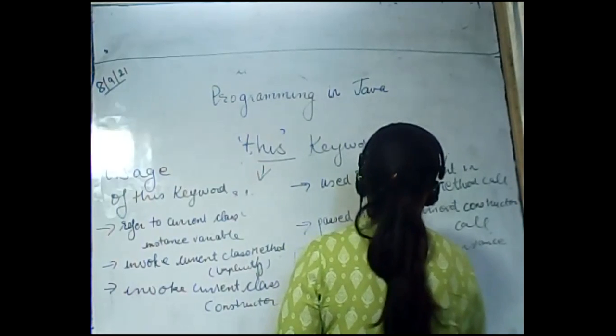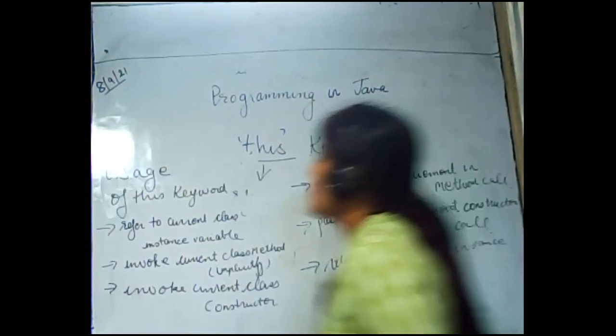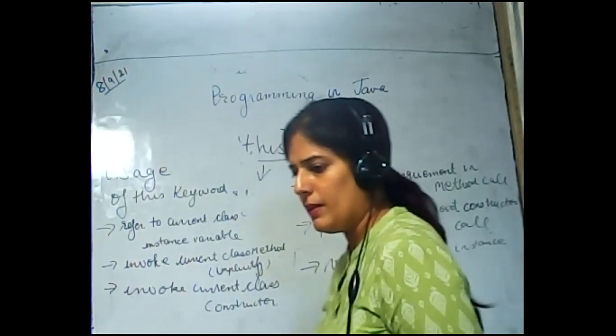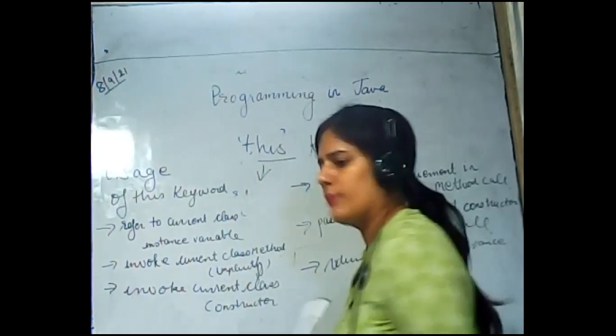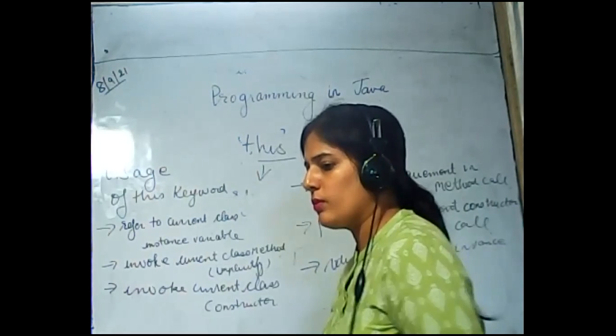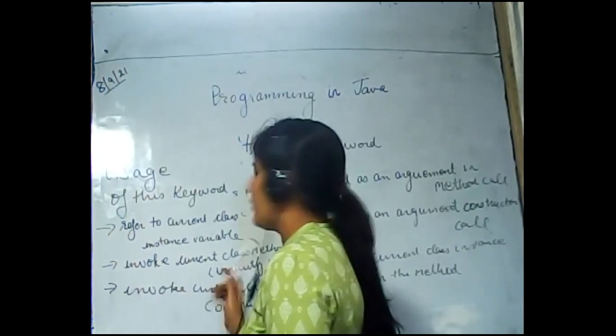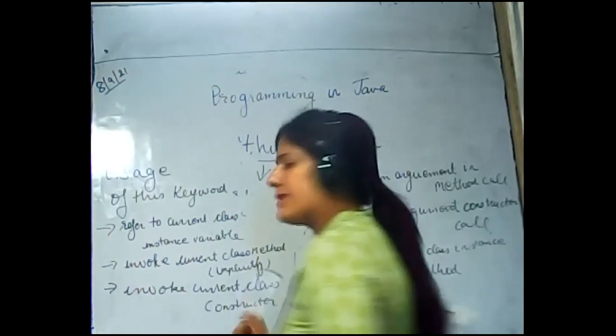So these are some of the uses of this keyword. Starting with, it refers to a current class instance variable. It can refer to the current class method, implicitly by default, so we don't have to define it explicitly. Next, it invokes the current class constructor.